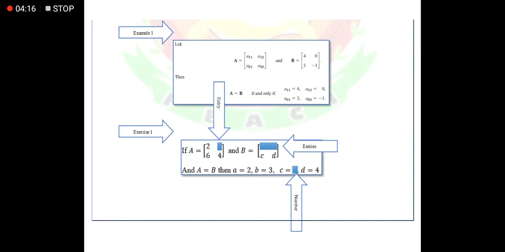If we have a matrix A equal to A11, A12, A21, and A22, and B equal to 4, 0, 3, and negative 1, matrix A and matrix B are equal if and only if, no? Pag sinabi natin if and only if, equal sila kung masasatisfy natin ang condition na to. Equal daw sila if and only if A11 is equal to 4, A21 is equal to 3, A12 is equal to 0, and A22 is equal to negative 1.